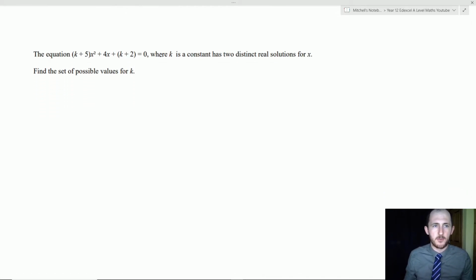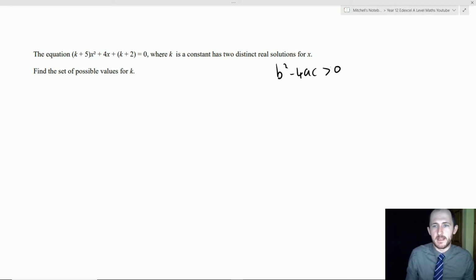Okay, this is where it probably gets as hard as it gets in terms of the discriminant. Two distinct real roots. So B squared minus 4ac is greater than 0. That's what I want to start with.